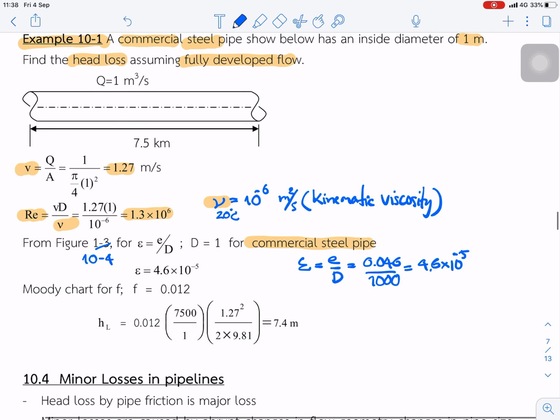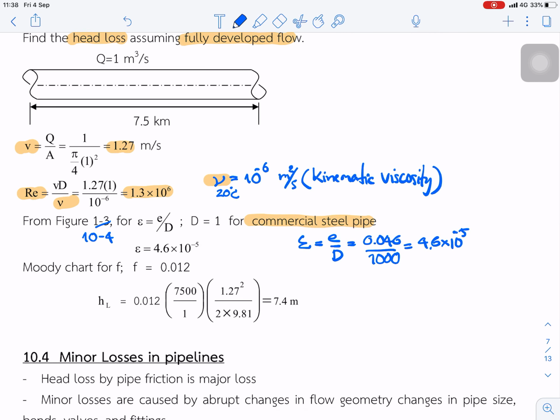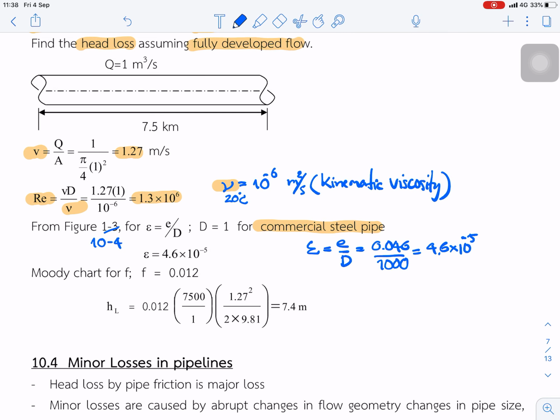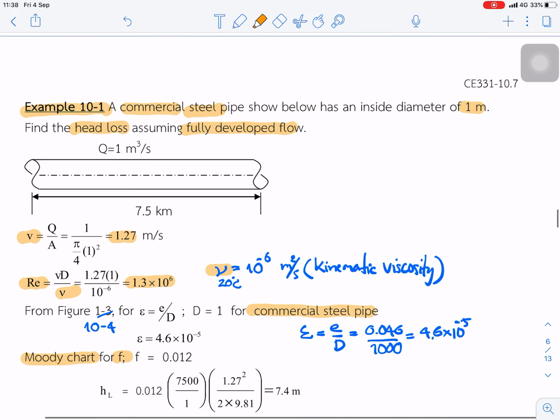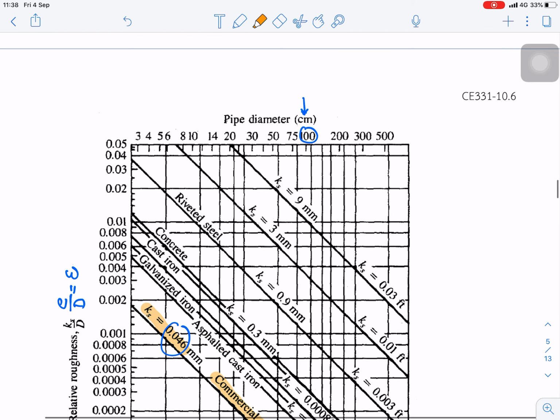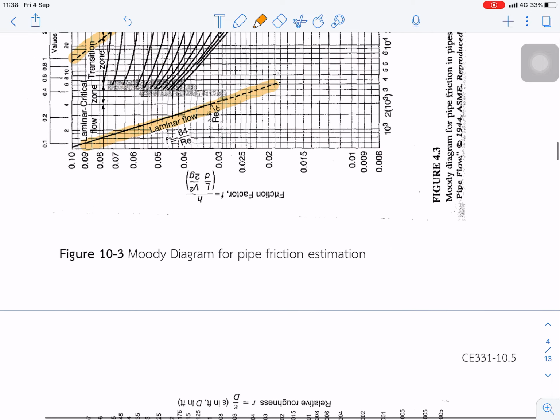Okay, we can use this. And once we know the relative roughness and know the Reynolds number, we can find the friction factor from the Moody diagram. Use this one, it is more clear.